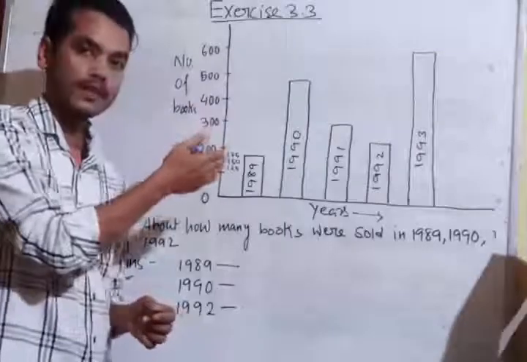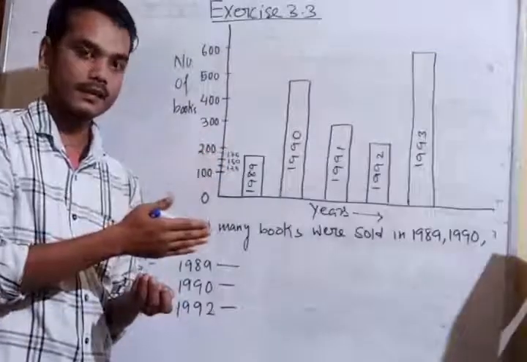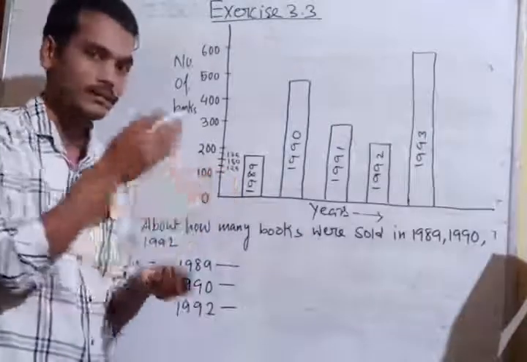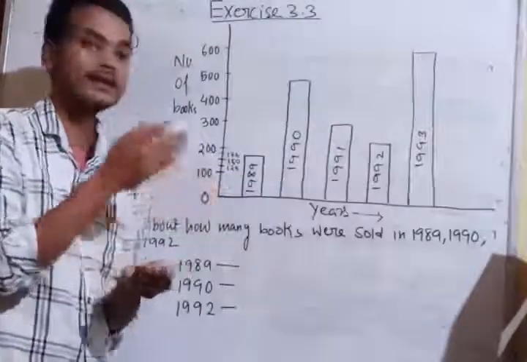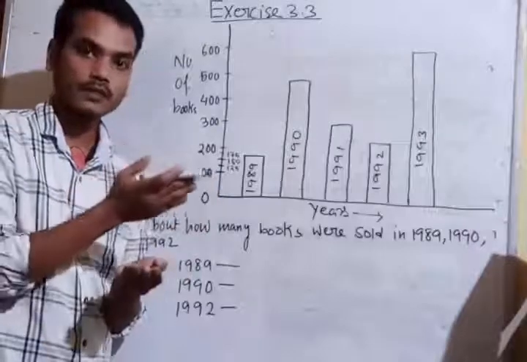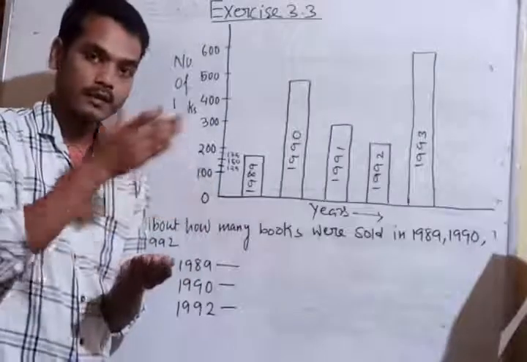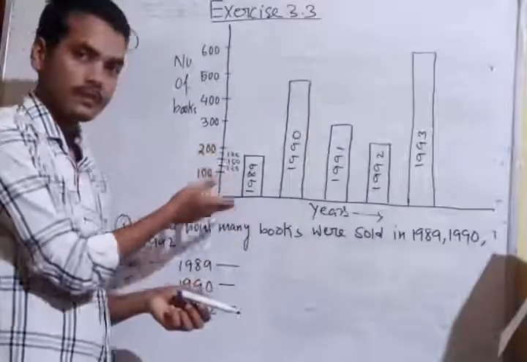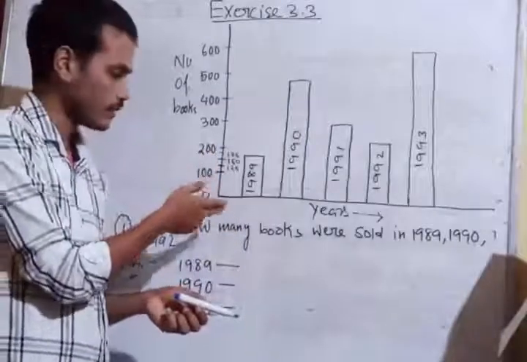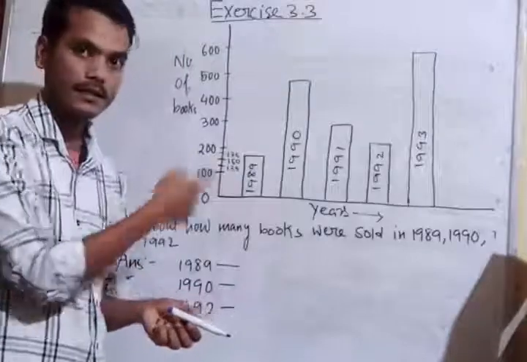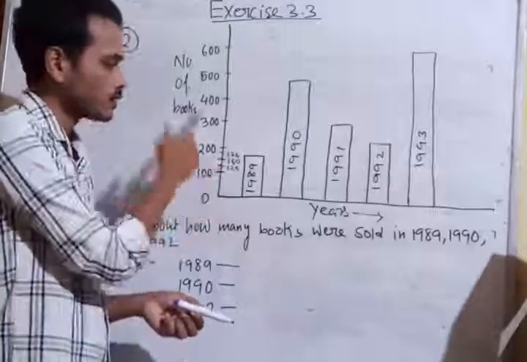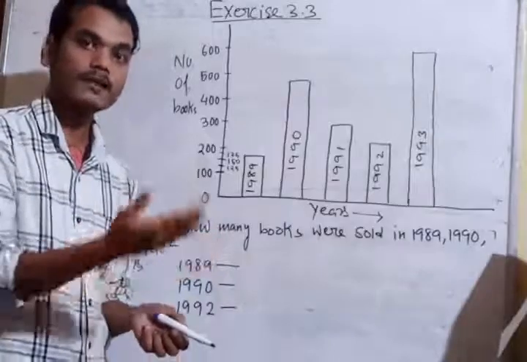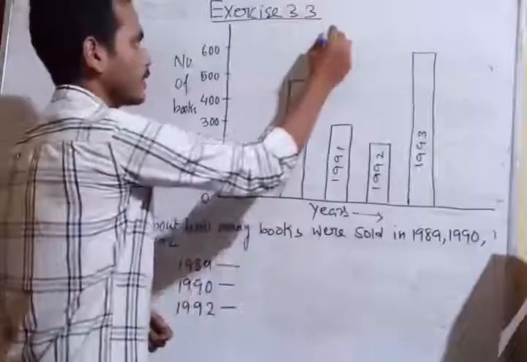From 100 to 200, the middle one is 150, because the difference between 100 and 200 is 100. Less than the middle one is 25, so it will be 125, then 150. If you add another 25, it is 175. Adding another 25, it will become 200. It is like this only.